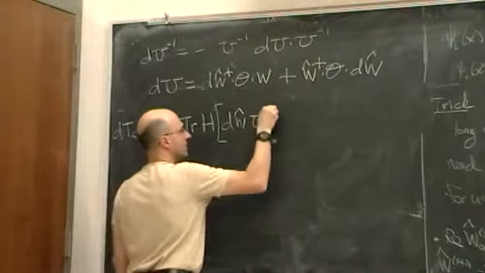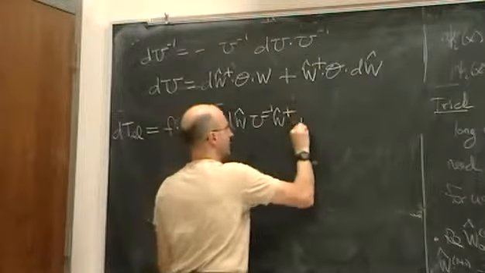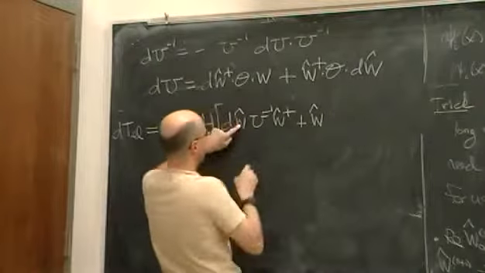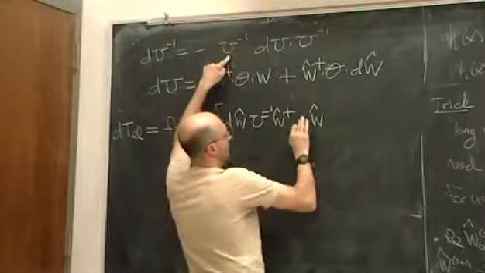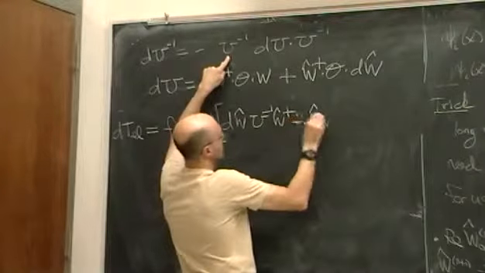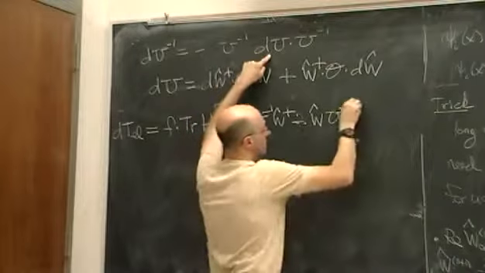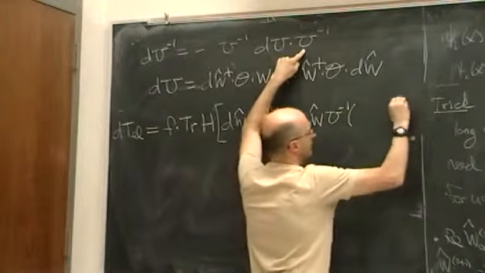Times U inverse times W dagger plus W times the differential of U inverse, which is this guy. So I should make that a minus. Inverse here. And then there's dU. All right, and I'll get my dU in there.